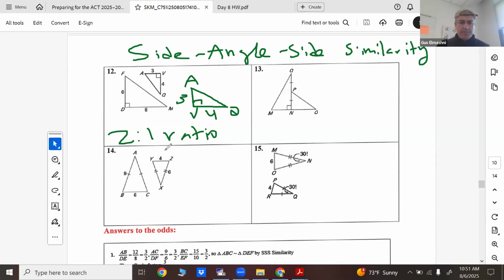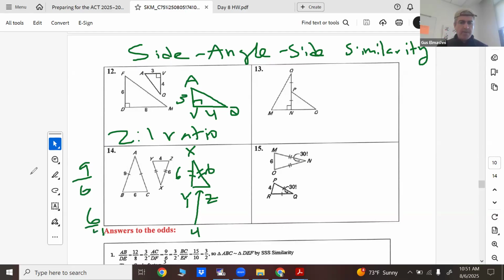And if I have a 14, if I flip over that one, so if you look at the ratios, 9 to 6 and 6 to 4, right?